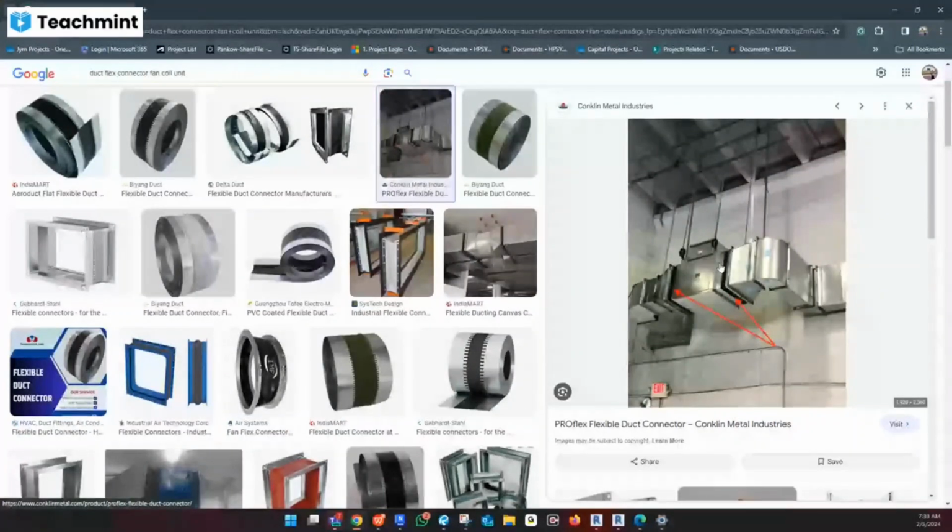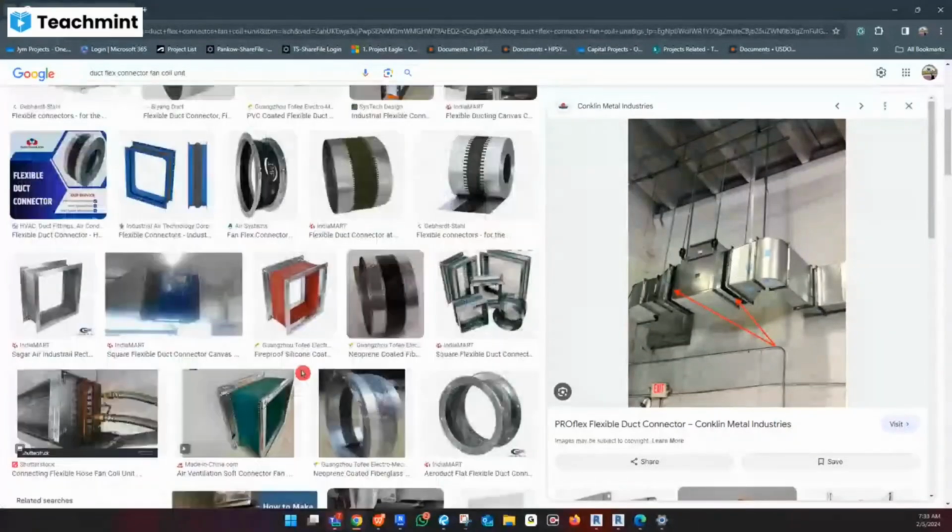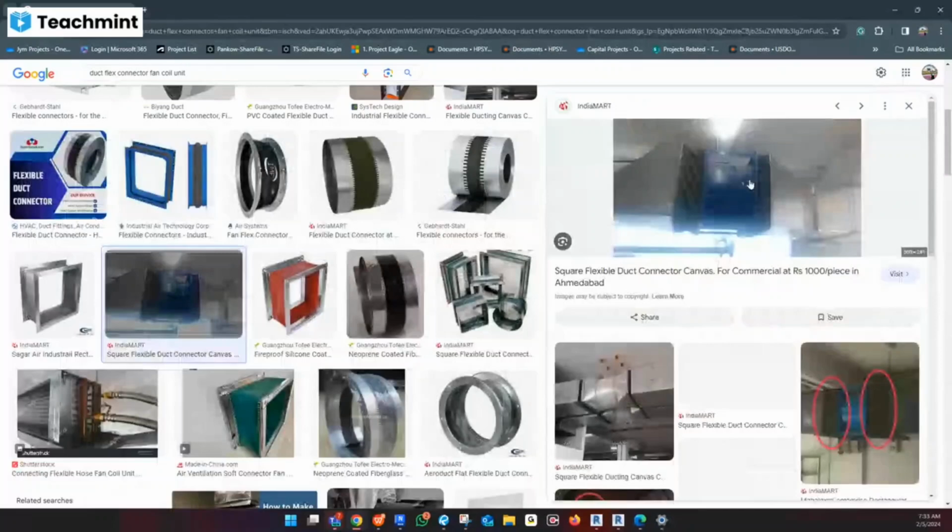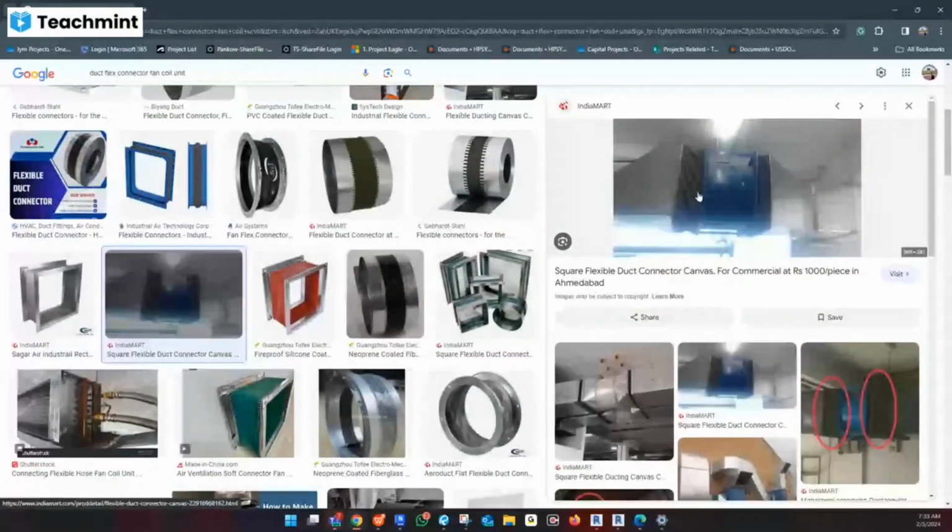So whenever we start working on this in a project, we always remember the first piece of fitting is always the flex duct connector. Everywhere you can see, it's the best example. And what's the function? To reduce the sound pollution, because there is a machine, so a lot of whistle sound is created if we directly connect with this one. And the connections here are done with the help of screws.